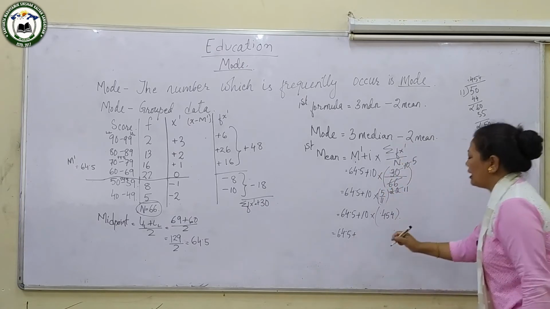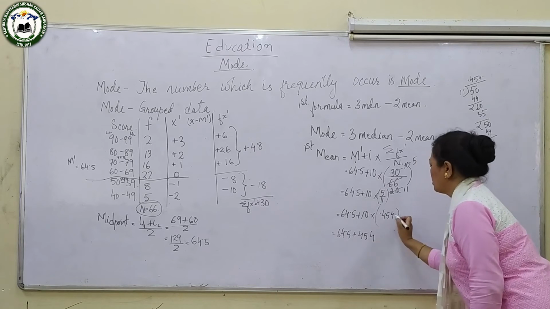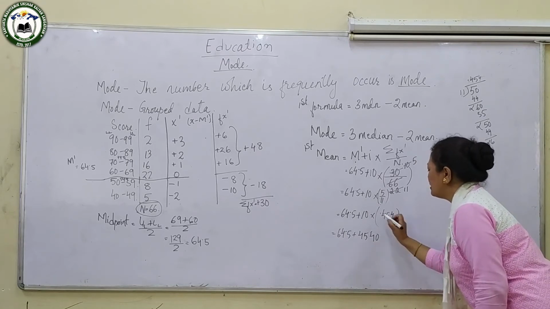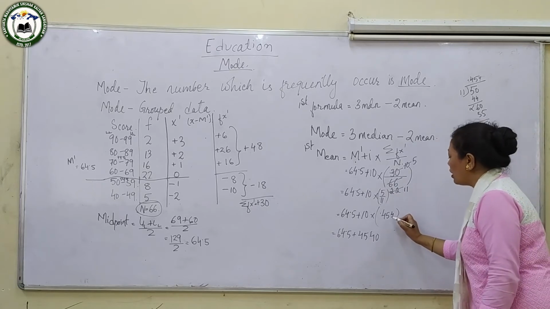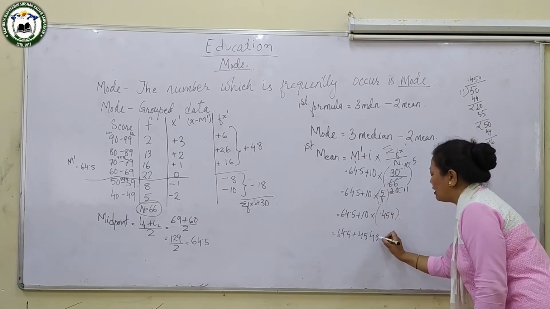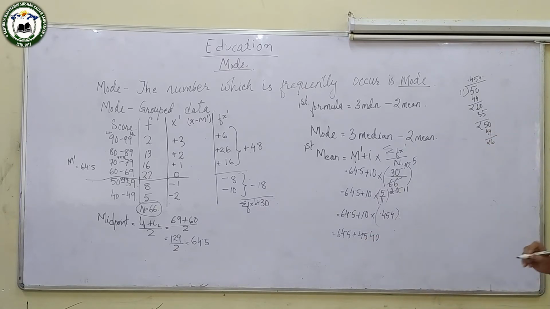Okay, now 64.5 plus 10 into 0.454. So now we have 3 decimal places with 3 numbers, 1, 2, 3, and we have a decimal point. Likewise, 1, 2, 3. We can put the decimal point over here.